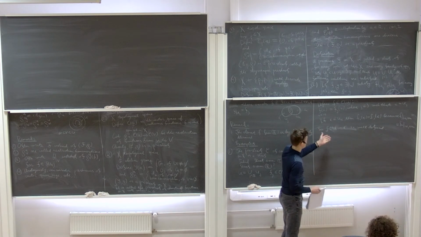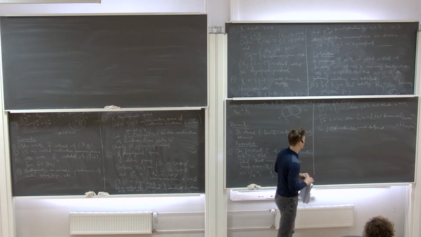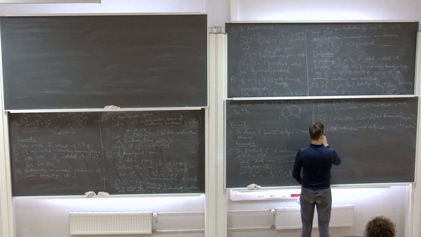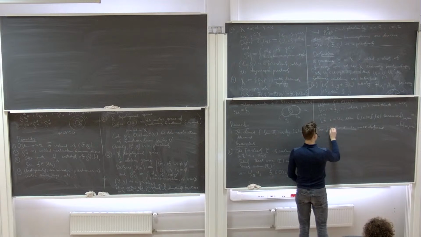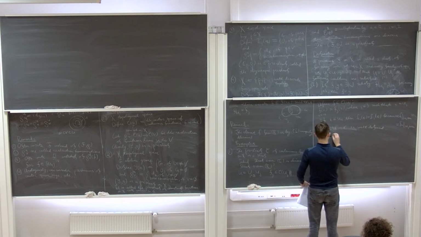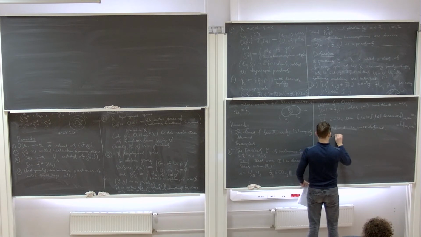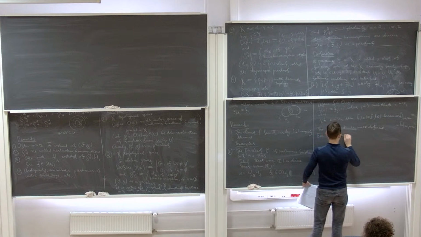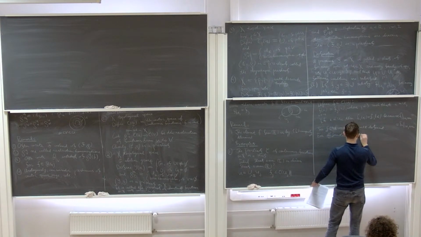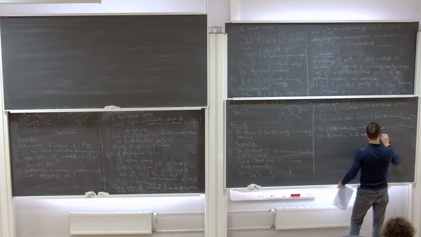But then, you know that the fact that a function is continuous is a local property. It's a standard fact that for a function to be continuous is a local property.